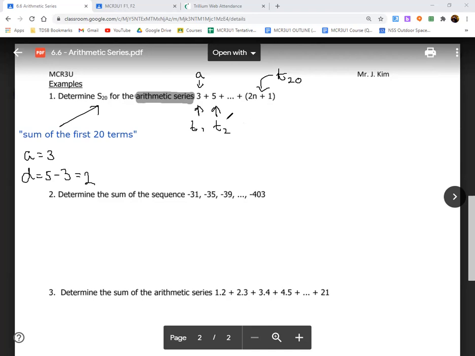So we could do it a couple of ways. I'm going to show you how you can use both formulas. But there are some questions where you can't use both formulas because it's too hard to use one versus the other. It's a lot easier to use the other. So for the first one, S20 is, remember, n over 2, T1 plus T20.